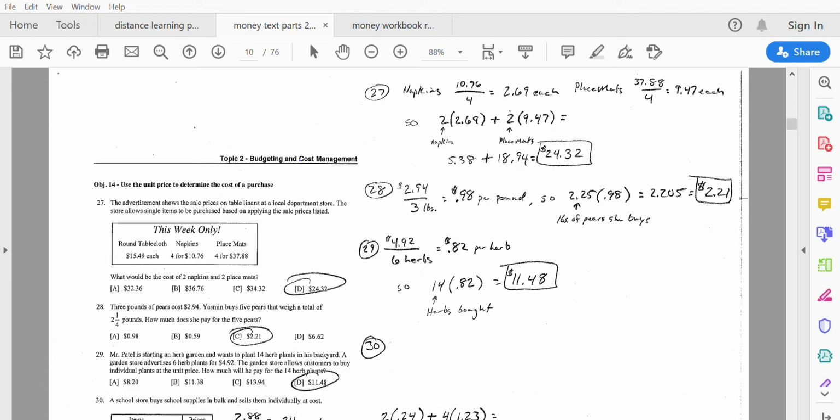So we're looking at number 27. It says the advertisement shows the sales price on table linens at a local department store. The store allows single items to be purchased based on the sales prices. That's just something you always got to pay attention to at a store. Sometimes to get the sale price you have to buy the amount, like in this advertisement it says 4 for $10.76.